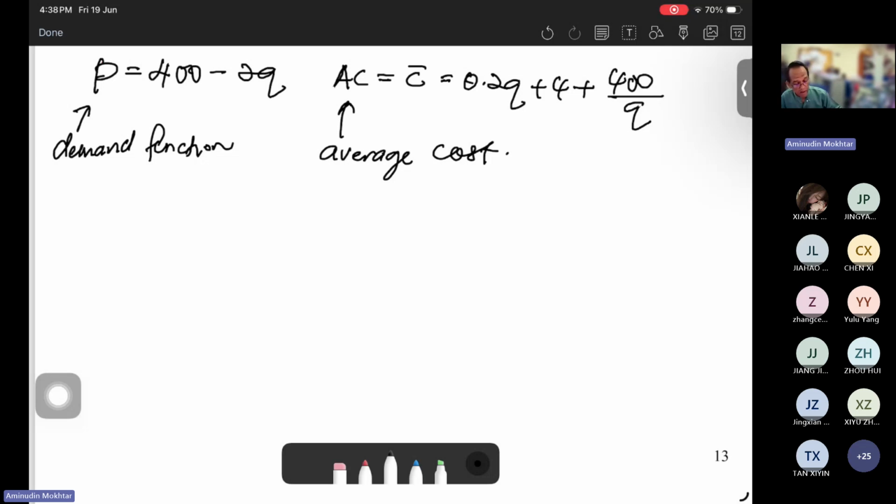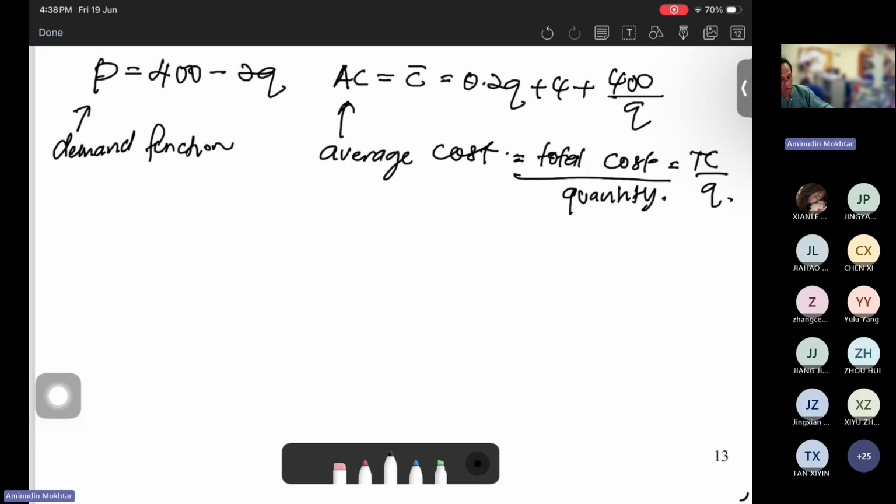Basically, a demand function I have explained before. What is average cost? Average cost is equal to the total cost divided by the quantity, or TC divided by Q. There is a total cost.